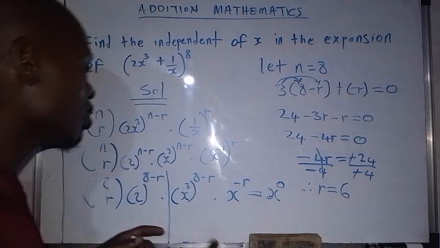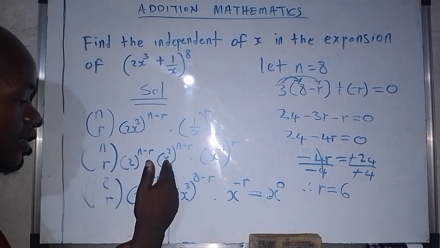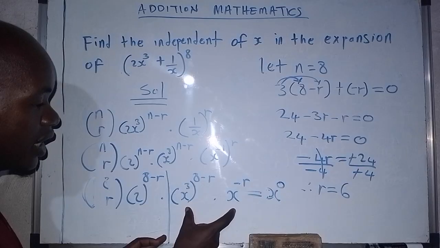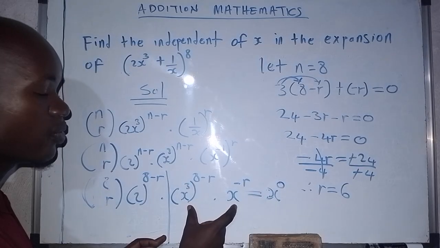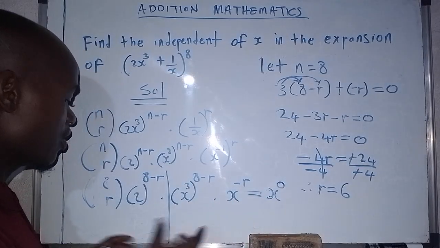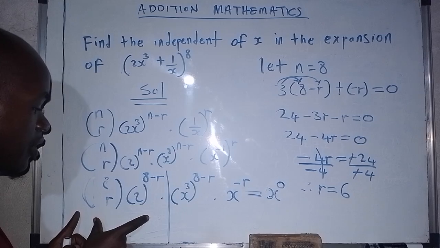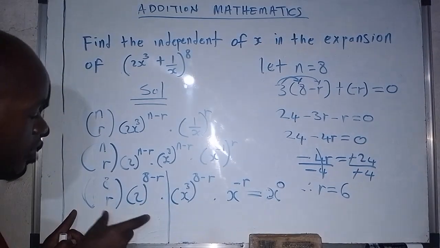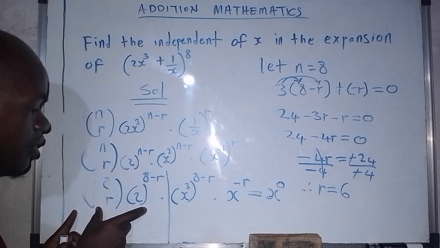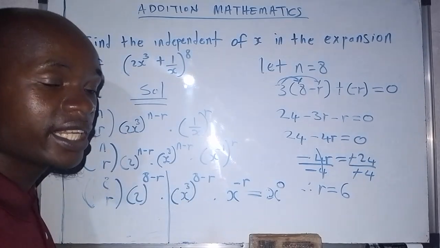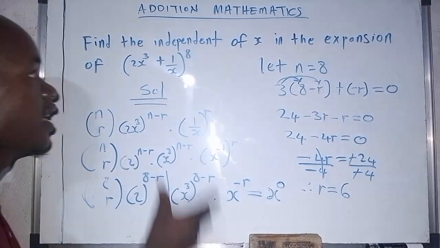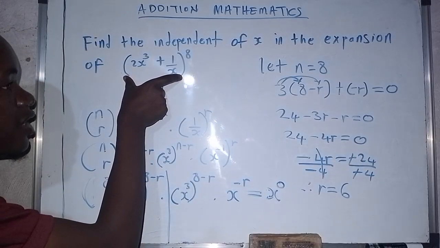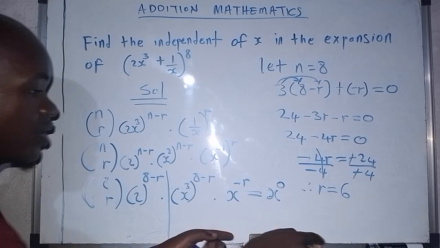Look here, I had split to say we are going to take the terms which have the base of x, which means this other term or expression we didn't use. So we are going to use this term to find the independent term of x in this expansion. So this is what we are going to do.